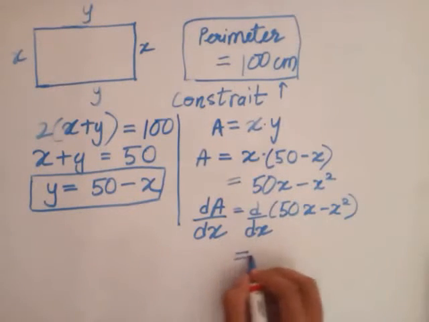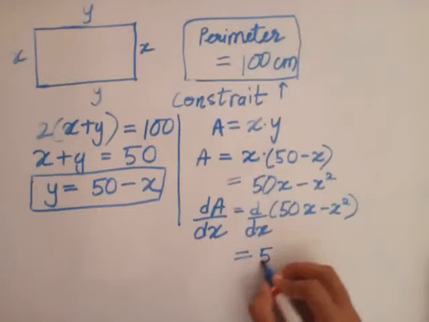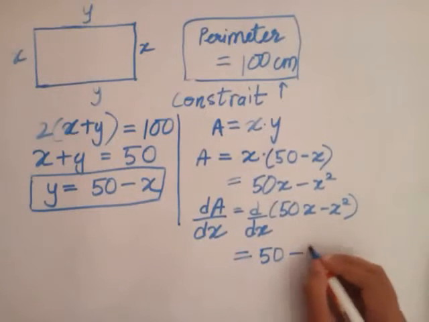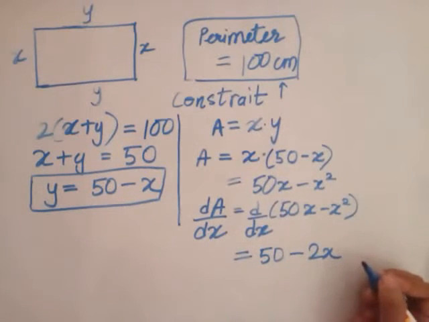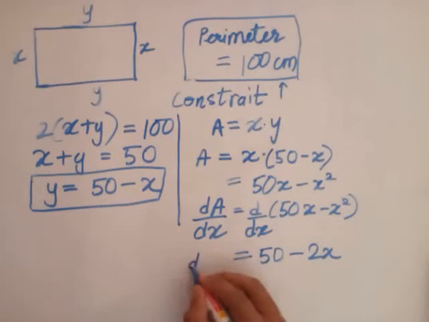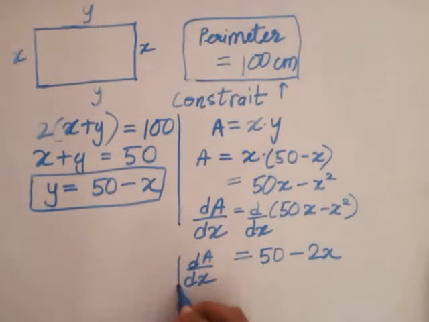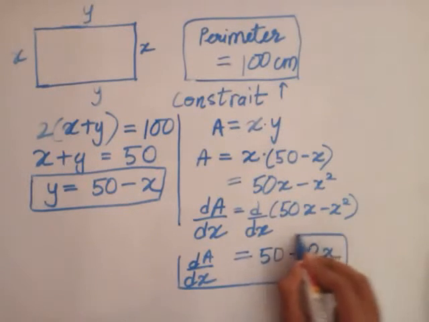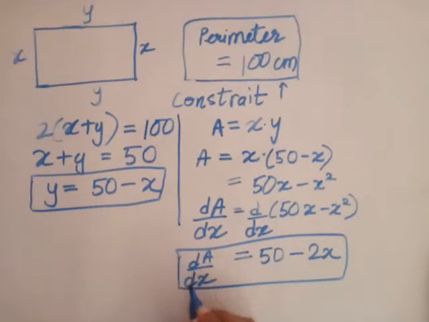And this is a pretty simple derivative. That's just equal to 50 minus 2x. So now we got that the derivative of the area, how the area changes with respect to x, is equal to this. Keep this equation in mind and I'll come back.